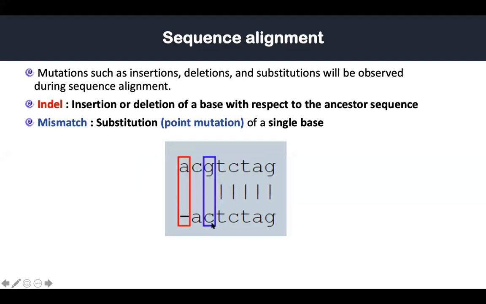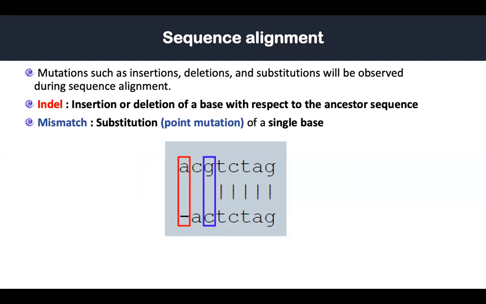As shown here, the one in blue is a SNP. There's a change in one single nucleotide. And the red is actually an indel. It could be an insertion. In this stretch, it's known as an insertion. In this stretch, it will be known as a deletion. It all depends with respect to the ancestor sequence.